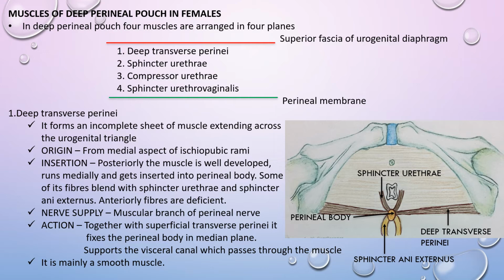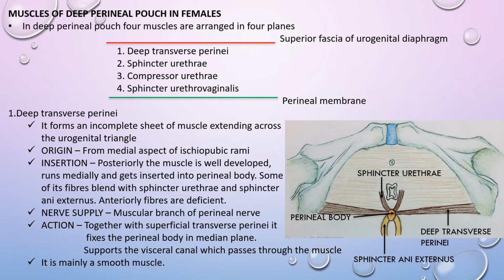Insertion: posteriorly the muscle is well developed. These fibers run medially and get inserted into the perineal body. Some of its fibers blend with sphincter urethrae and sphincter ani externus. Anteriorly, most of the fibers are deficient.